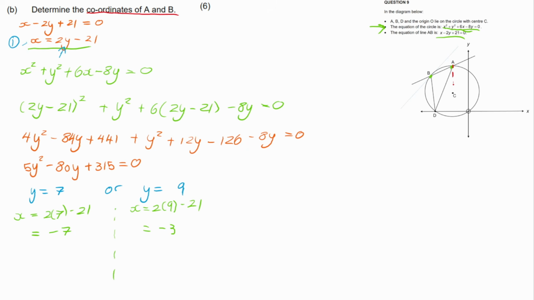A is closer to 0 and B is further away from 0. So we know that this one is A. So A is given by these coordinates, and we know that this one is B then. So minus 7, 7. Always remember to leave that in coordinate form.